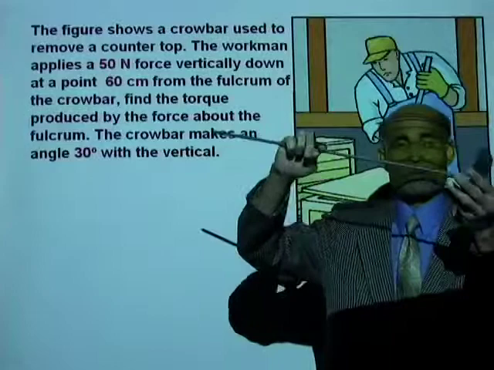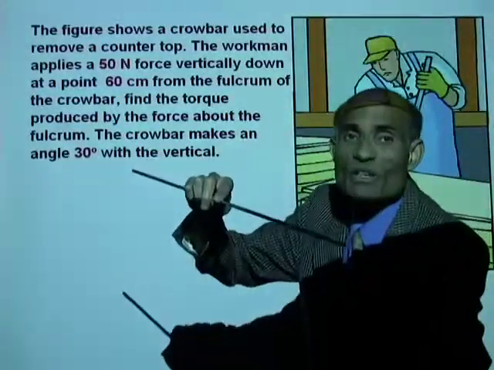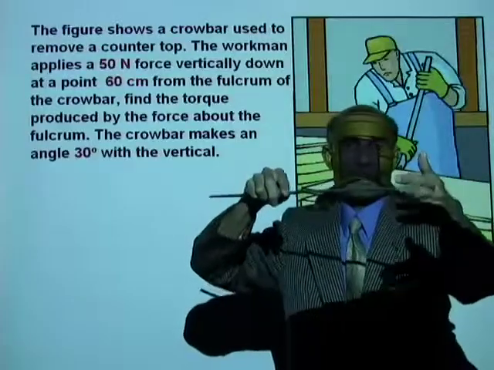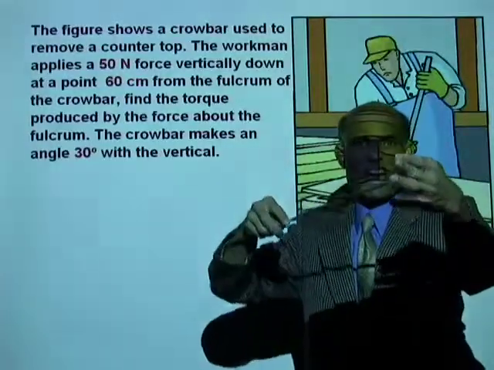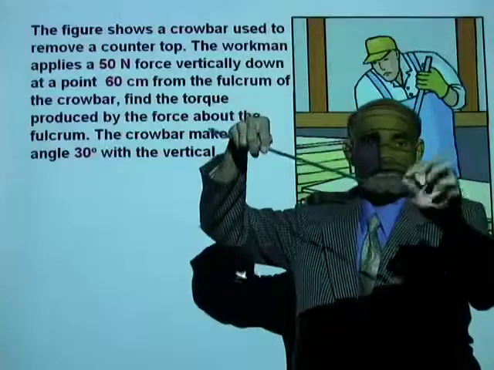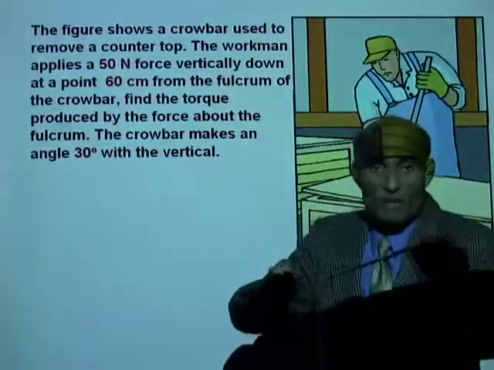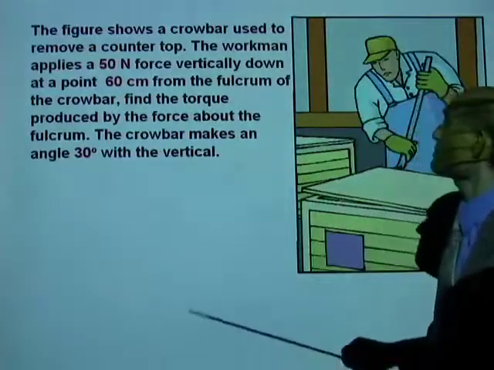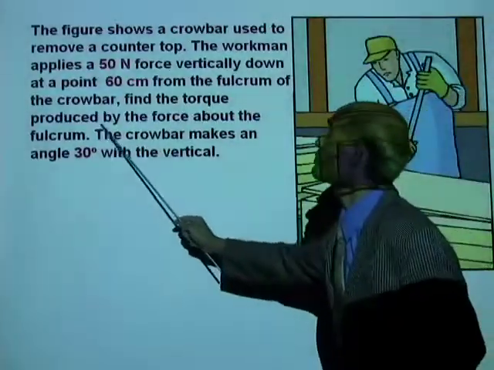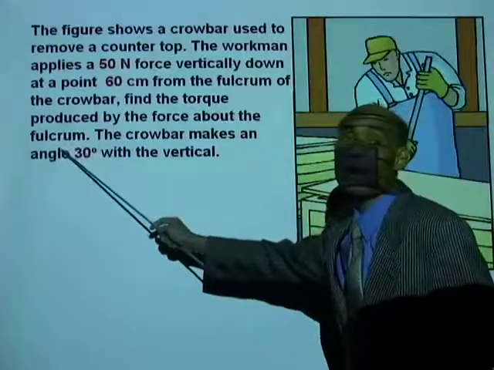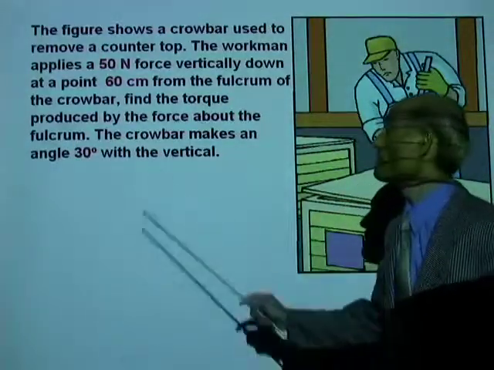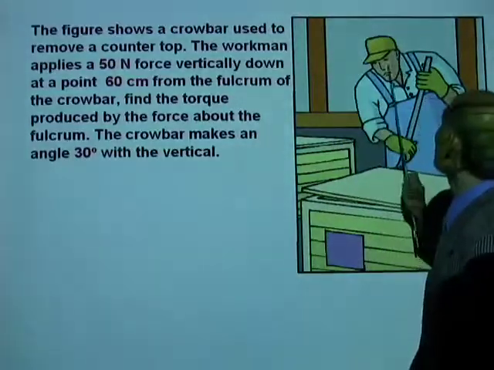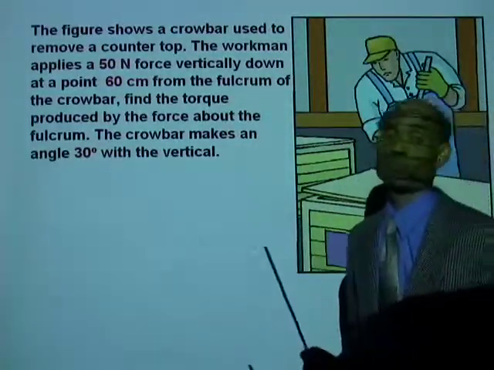Fulcrum is the point about which the rotation takes place. Find the torque produced by the force about the fulcrum. The crowbar makes an angle 30 degrees with the vertical.